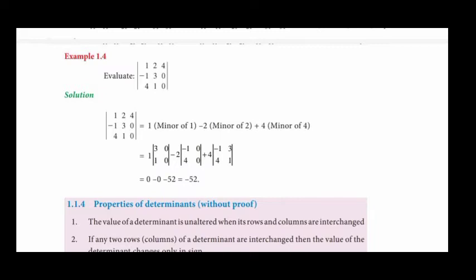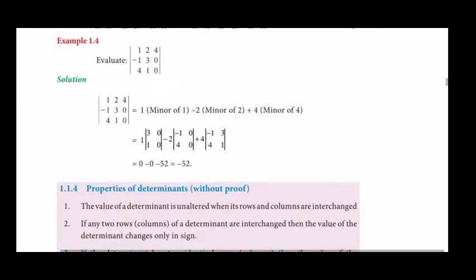Okay, evaluate. Example 1.4. Here they are asking about evaluate. So it is a 3 into 3 matrix. So we will take first row or first column, or second row, second column, third column, whatever it may be. We have to take one row or one column, according to your choice. So I am taking the first row. In first row, elements 1, 2, 4 are there.